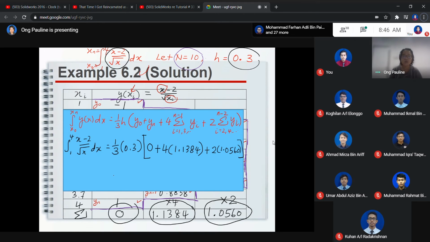Okay, then you try to calculate this and let us compare our answer. So tak semestinya saya betul. Okay, so I get 0.66656. Tak sure betul ke tak betul.